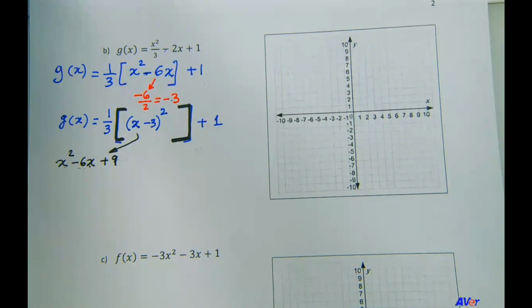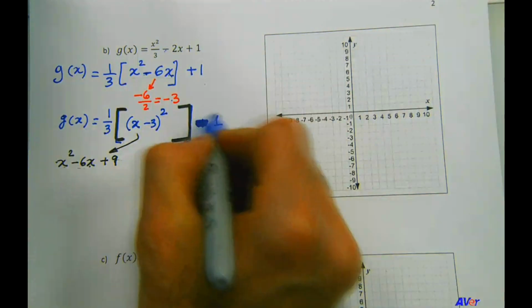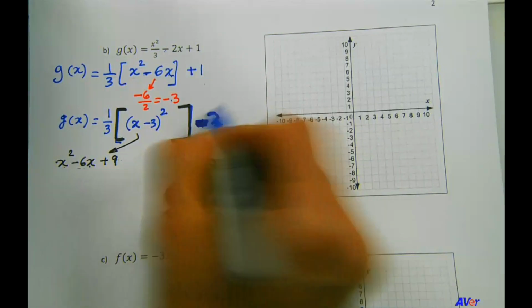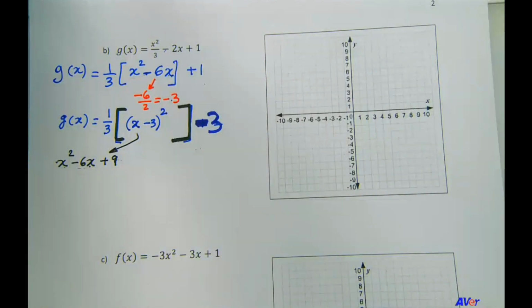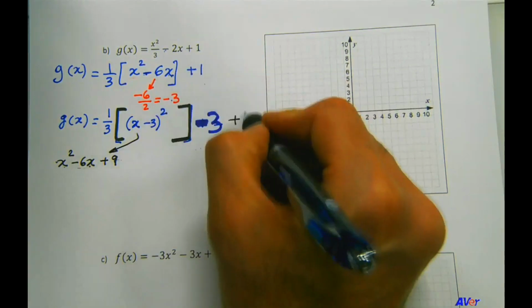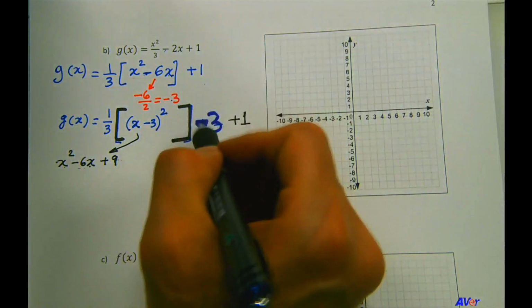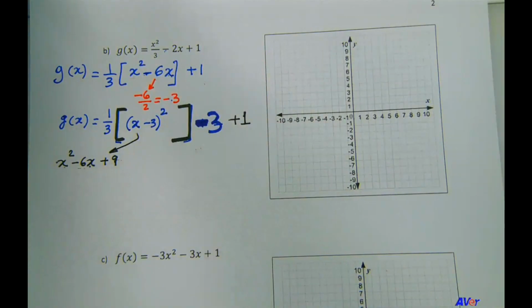And let me do that with my blue pen. We're going to say minus 3. And then this plus 1 comes here. Now it's okay. But this minus 3 should be on the outside, not on the inside.